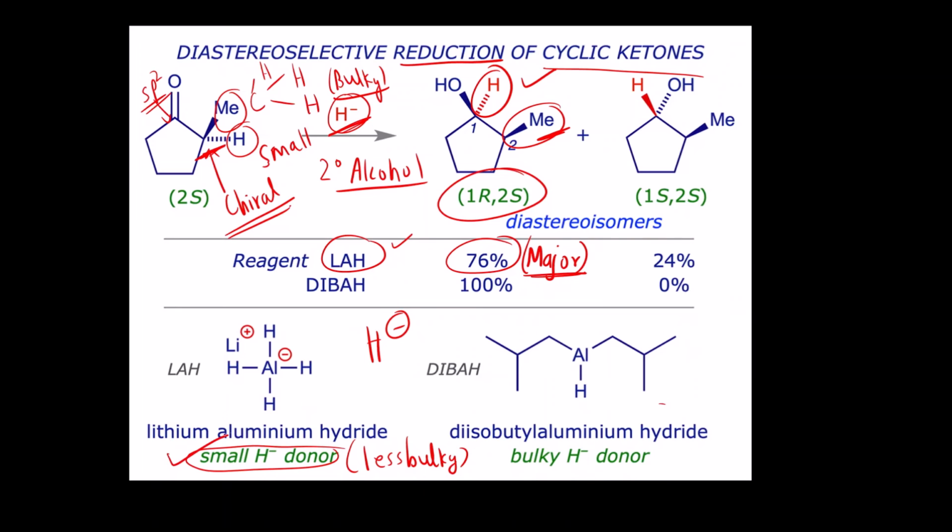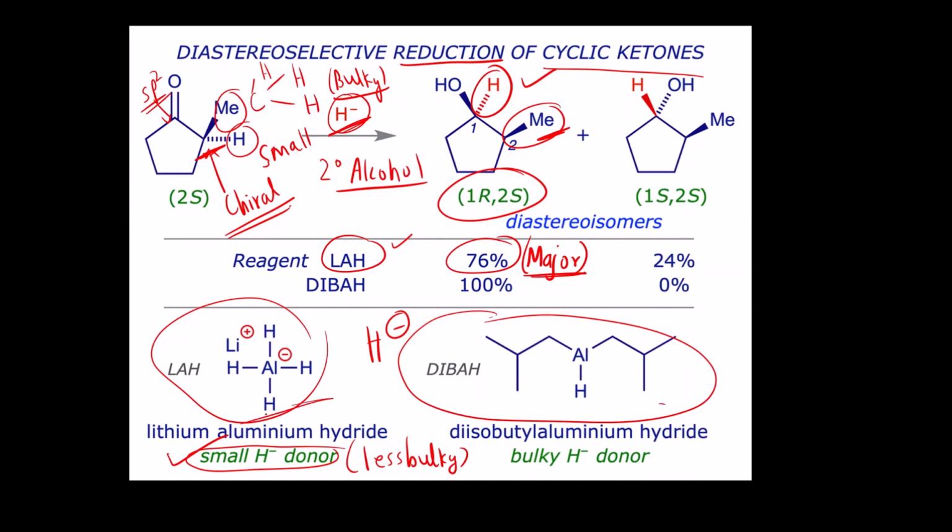Now, since lithium aluminum hydride is a smaller molecule, you can see this is the structure of LiAlH4. As compared to DIBAL-H, lithium aluminum hydride is a smaller reagent. So what will happen? H minus can also attack from the top, but it is very less. So this is the minor product.